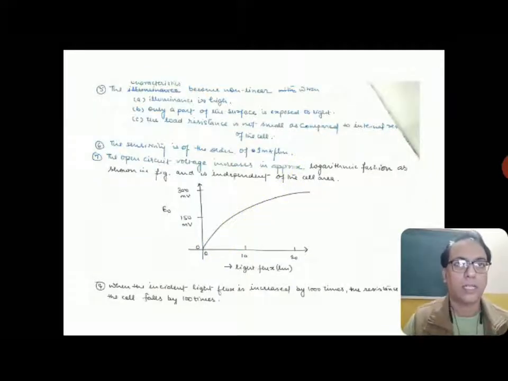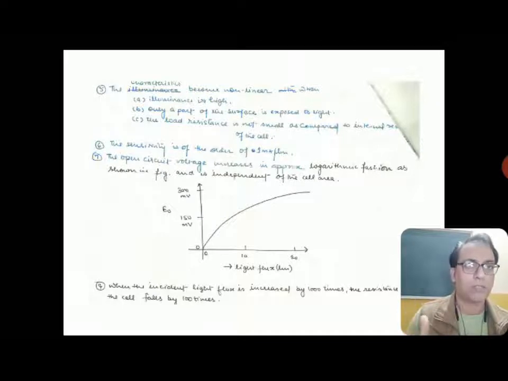Now let us see why the characteristic becomes non-linear. The characteristic we have seen becomes non-linear when the illuminance is very high, when only a part of the surface is exposed to the light, and lastly because of the load resistance. As we have seen in the graph, as you increase the load resistance, the curve gets more non-linear.